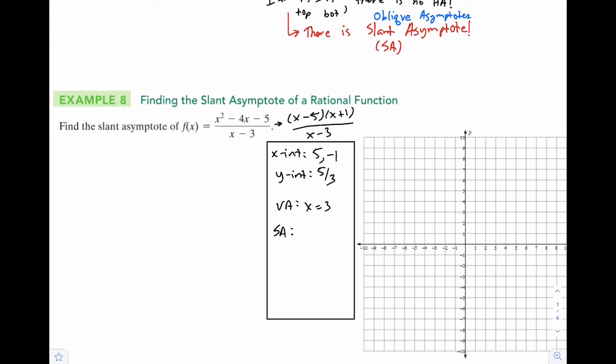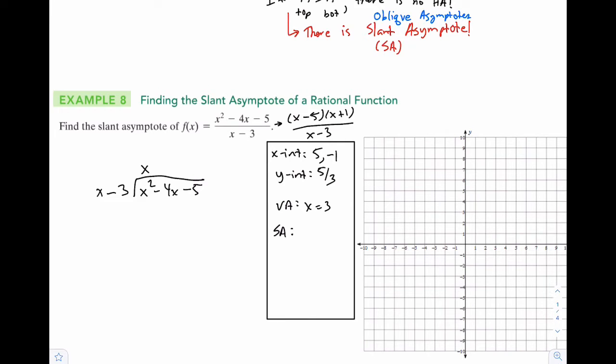Now, the way you generate it is you just do long division. So you're going to grab your original problem right here, and you're going to just divide, like this. So now let's actually do it.